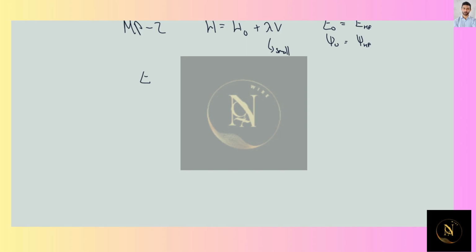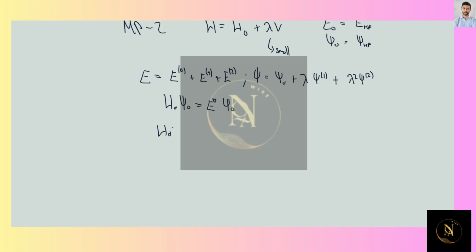So with this, up to second order in perturbation theory, the energy can be described as E0 plus E1 plus E2, and the wave function is going to be phi equal to phi 0 plus lambda times phi 1, the first order perturbed wave function, plus lambda squared times phi 2, the second order perturbed wave function. So H0 acting on phi 0 is going to give us the initial energy times phi 0.